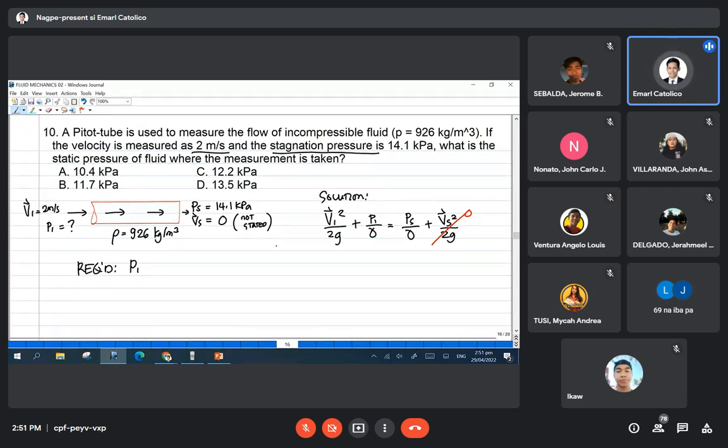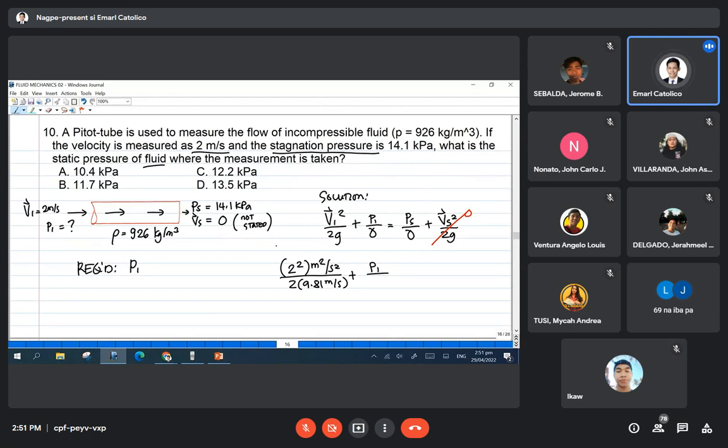So V1 natin is ilan ba? 2 meters per second, no? So 2 squared meters squared per second squared over 2 times 9.81 meters per second squared. P1 natin, yan yung hinahanap. Gamma natin ay, ano bang fluid natin?